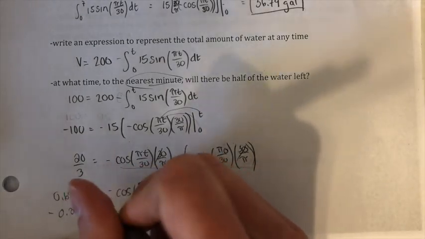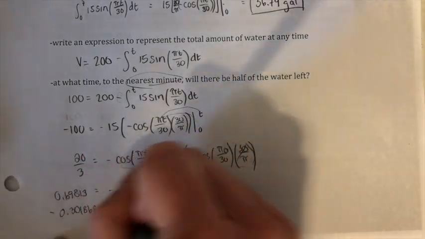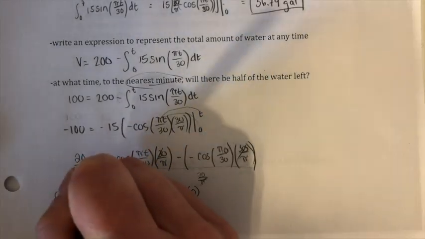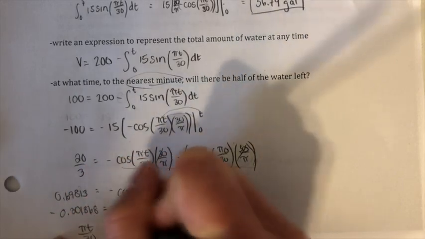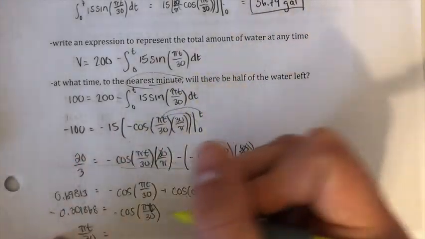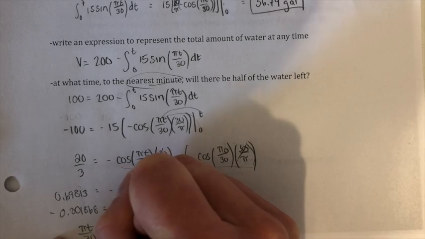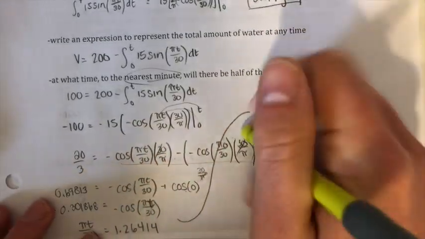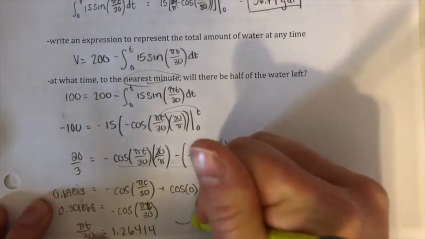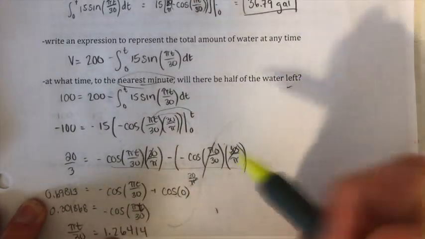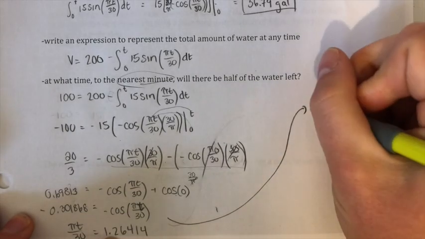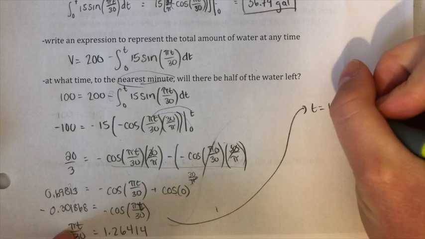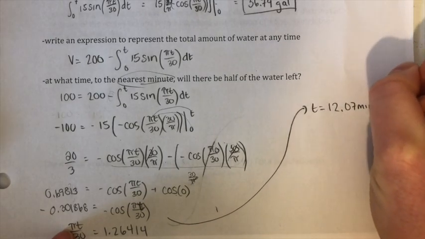Then you're doing cos inverse of this guy gives you this. So this is pi t, so pi t over 30 is equal to cos inverse of this. If you do that on your calculator, you get 1.26414. Oops, I was not looking. Then t is equal, if you multiply by 30 and divide by pi, to 12.07 minutes.